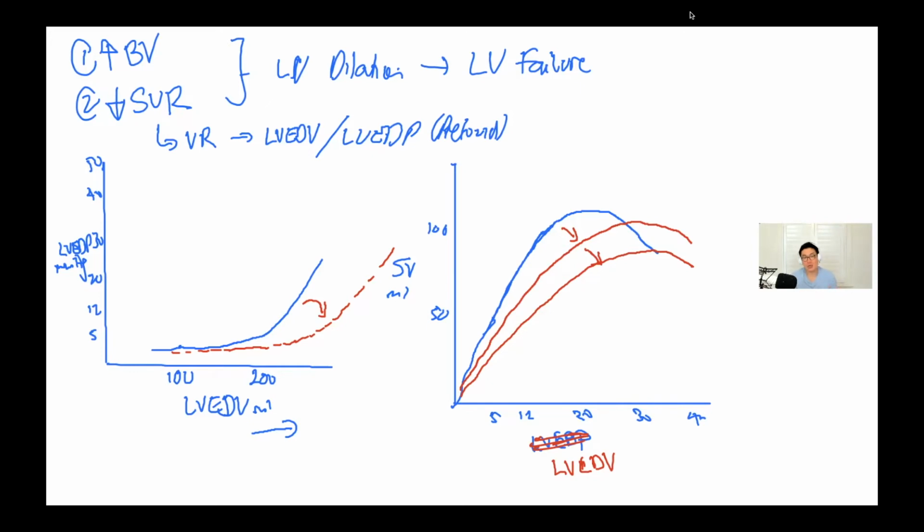What compounds this is that when you get activation of your renin-angiotensin-aldosterone system, this increases your afterload. And when you increase your afterload, you get a further downshift or rotation of this curve. And ultimately, this not only leads to diastolic failure, but also worsens the systolic failure as well.